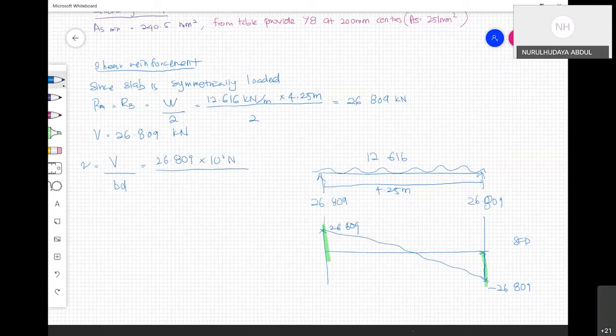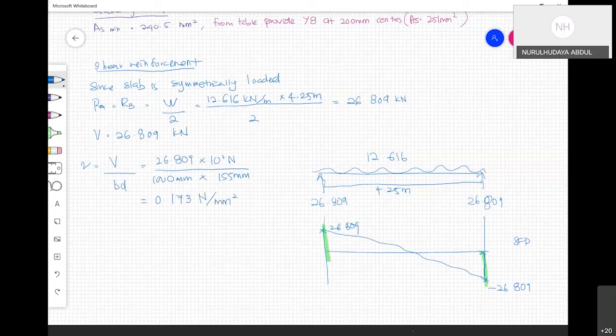Okay, divide by B. B kita tahu memang sentiasa 1000. Slab memang you kira B dia 1000 je, dia takkan berubah. Okay, and then the D is 155 mm. 0.173. Okay, thank you Atika. Betul. This is our shear stress at cross section, right.